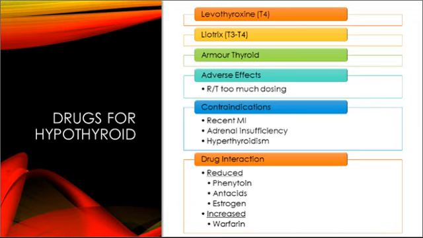And taking levothyroxine or thyroid replacement increases the effect of your warfarin, which you could think of as a blood thinner, so increased chance of bleeding. So you'd have to keep a closer eye on your warfarin, your PT, for managing your warfarin. And I think, yep, that is the end of your drugs for Module 12.